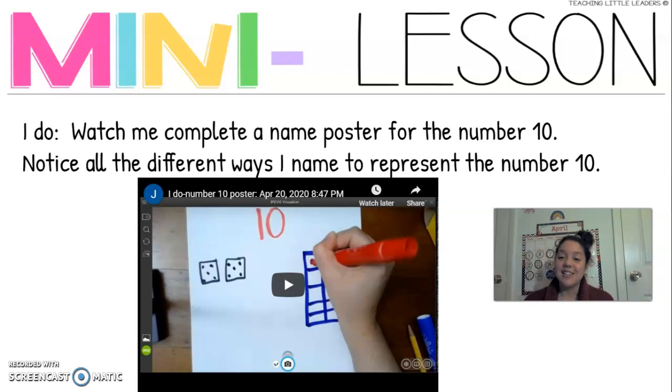Let's count to 10 together. 1, 2, 3, 4, 5, 6, 7, 8, 9, 10. And remember, this is my turn, so you're just going to watch and notice all the different ways I name to represent the number 10. So just get your eyes ready to learn, and let's begin.